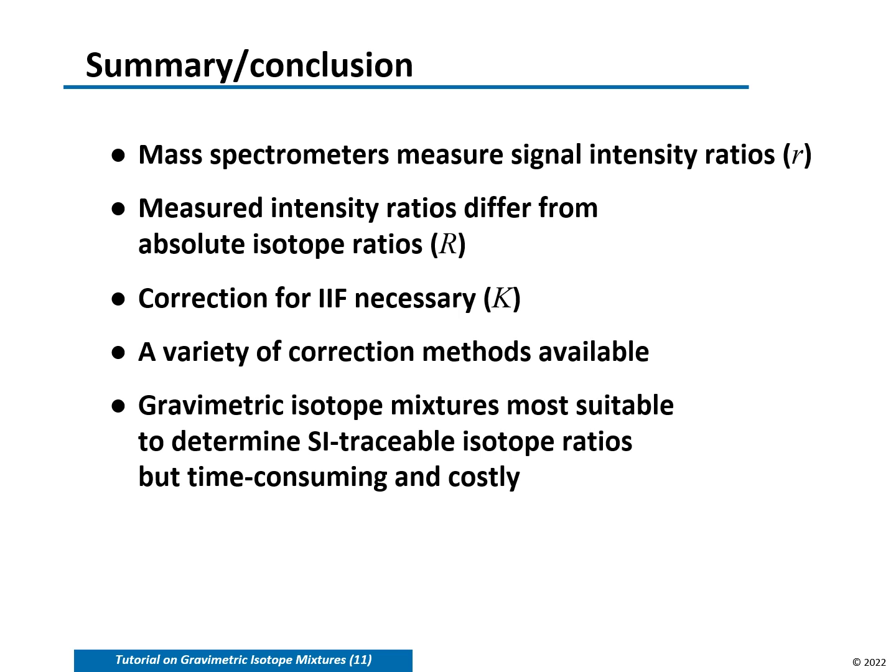To do this, you have to determine the K factor. This can be done in different ways. From the methods available, the most time-consuming and costly approach is to prepare gravimetric isotope mixtures. But this is the most sophisticated method and virtually the only one yielding SI traceable isotope ratios.